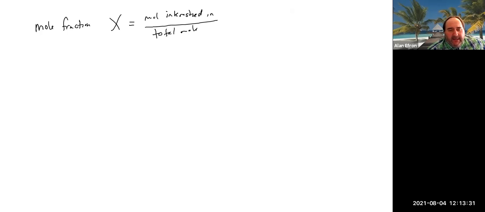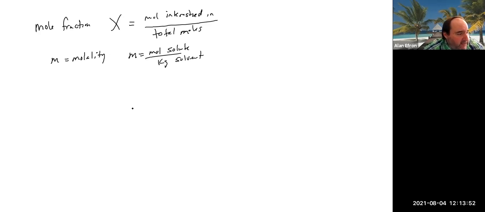It really is kind of like a percentage without multiplying by 100, so you get like a point something number. We also had little m, which is molality, and that is moles of solute per kilograms of solvent. That's a unit that we saw with colligative properties later on as well.